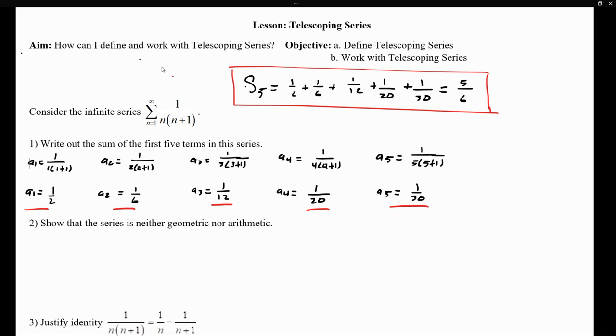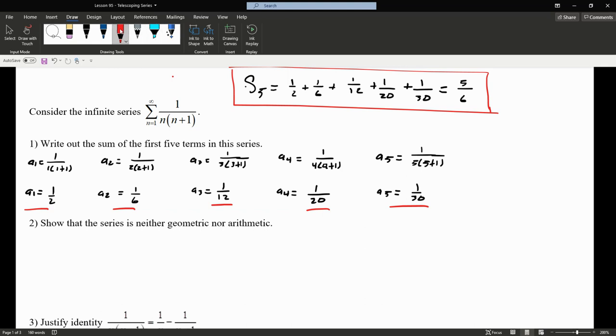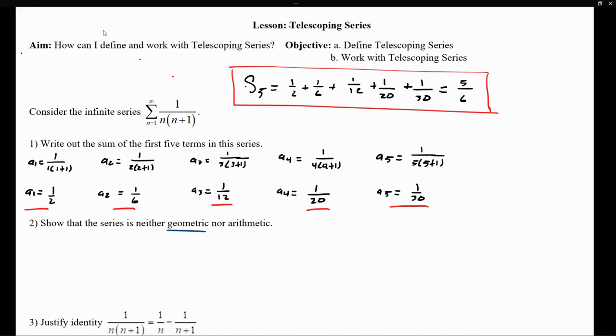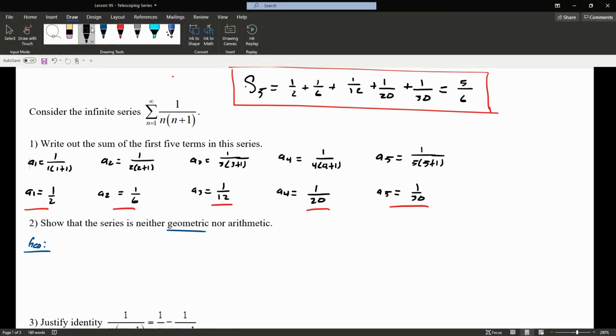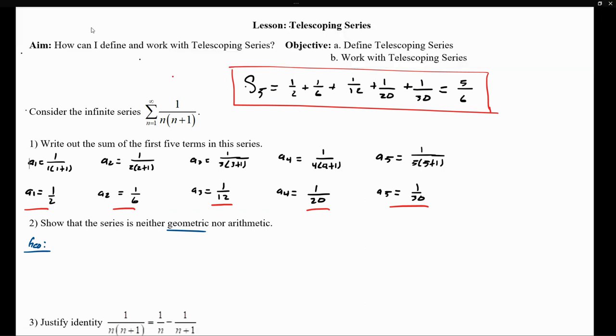So let's start our discussion with showing that this is actually not a geometric series. If it would have been a geometric series, then the terms that we add should have some kind of common factor or common multiplier, which again, we call the common ratio. So let's find out.